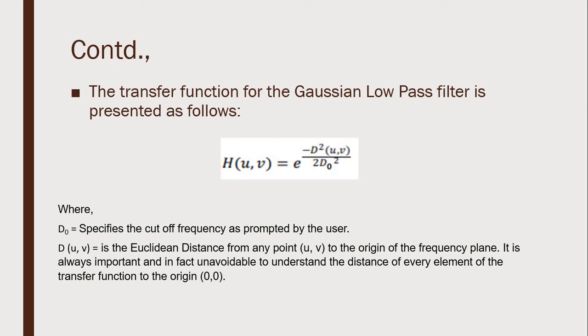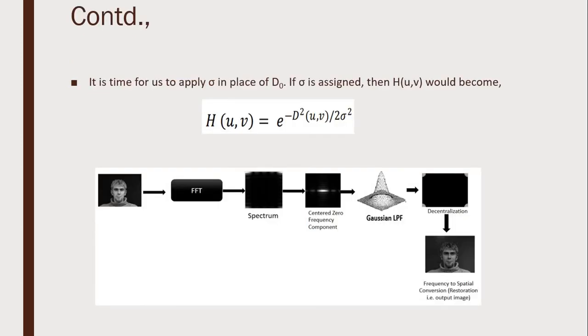So if you do not understand that, I request you to go to the previous session and come back with a clear understanding. D of u comma v is nothing but the Euclidean distance from any point (u, v) to the origin (0, 0) of the frequency plane. It is very, very important for you to understand these two. D0 is nothing but the cutoff frequency. D of u comma v is nothing but the Euclidean distance, which you need to understand.